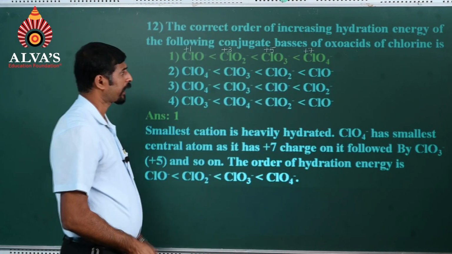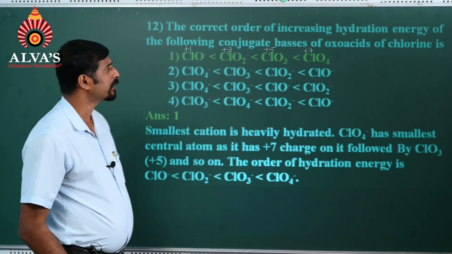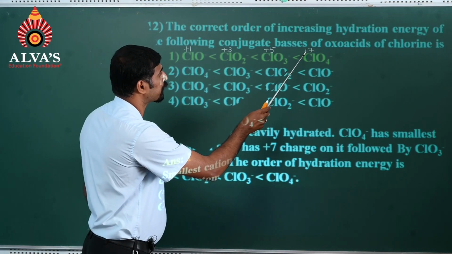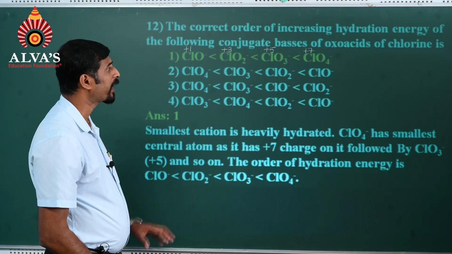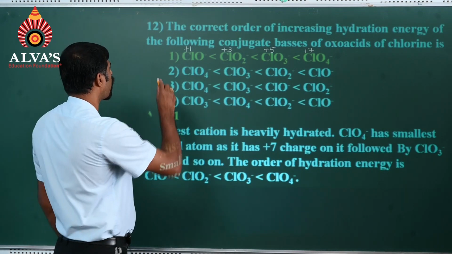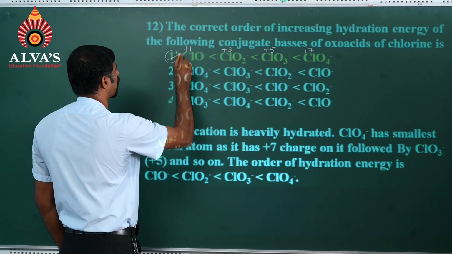Now, in the case of ClO4 minus, the hydration enthalpy is very high because the oxidation state is +7. That's why it easily gets hydrated. Therefore, option first is the right answer.